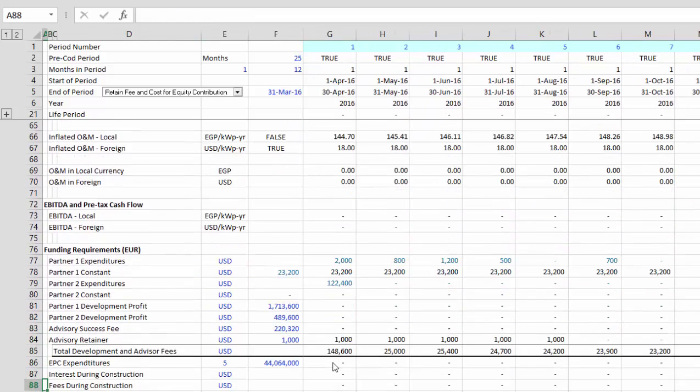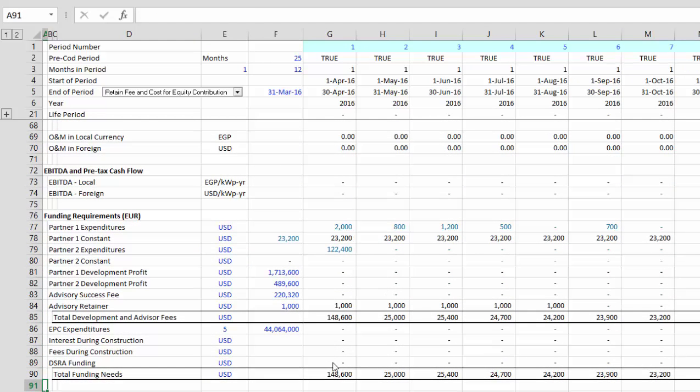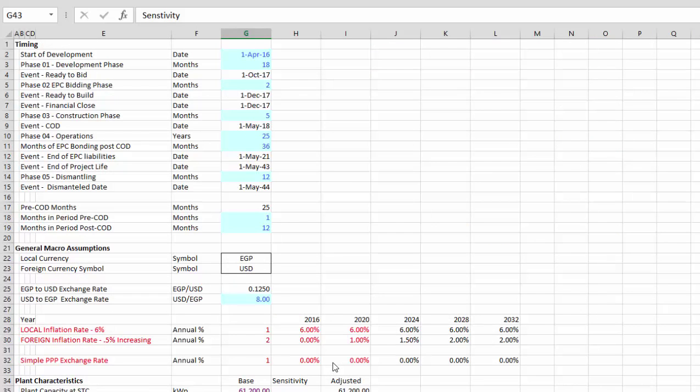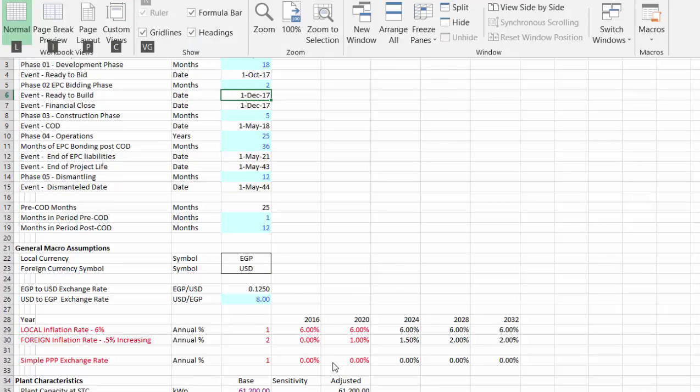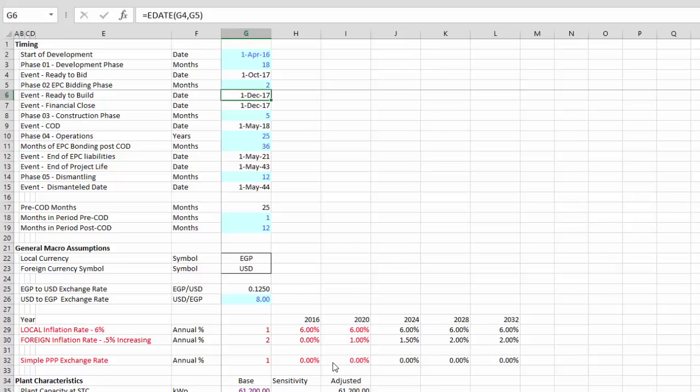And what we should be able to see is, let's try this. How about, let's put a freeze pane. Alt, what is it? Alt, WFF or something.